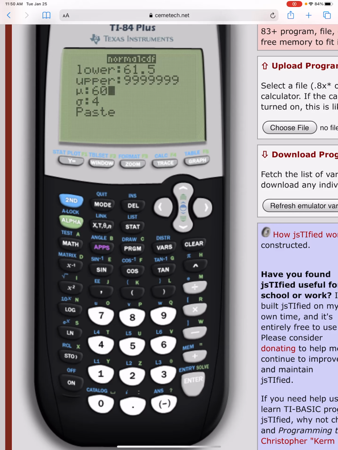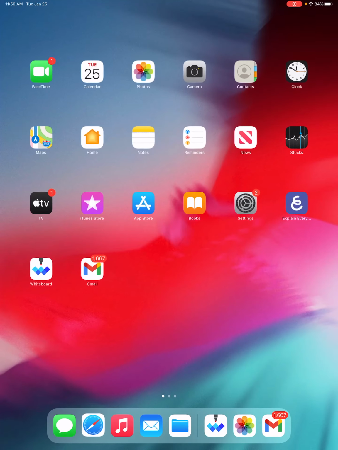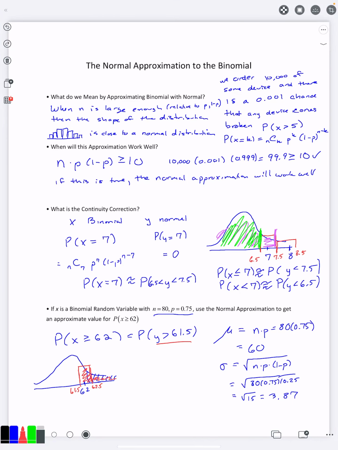My mean is 60. My standard deviation is 3.87. I hit enter, and I get 0.3492 if I round it. And this then is the probability that we are looking for.